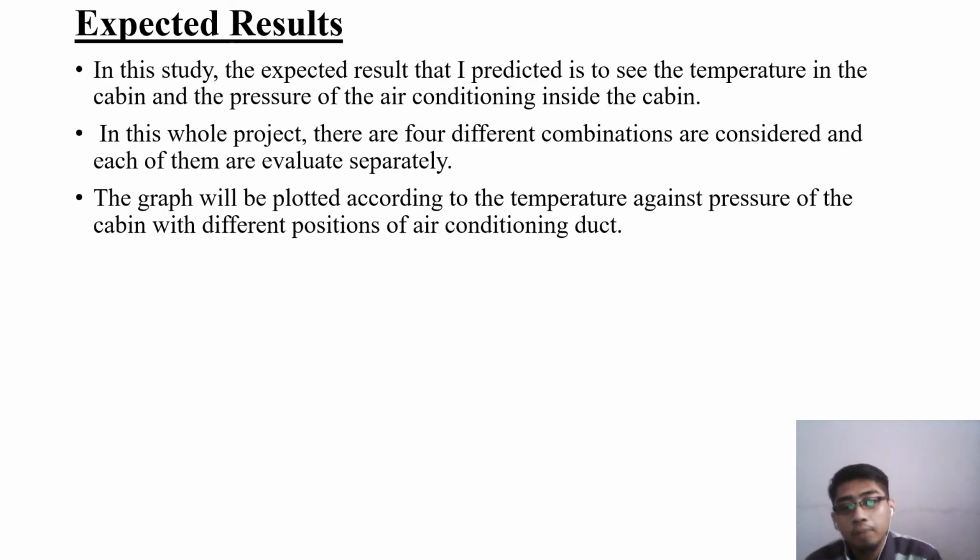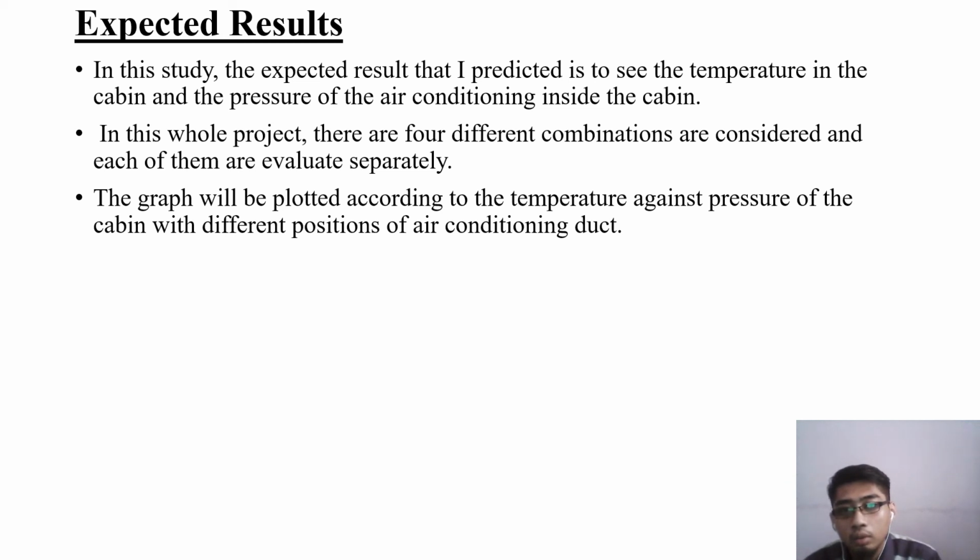For the expected result, number 1, in this study the expected result that I predict is to see the temperature in the cabin and the pressure of the air conditioning inside the cabin car.